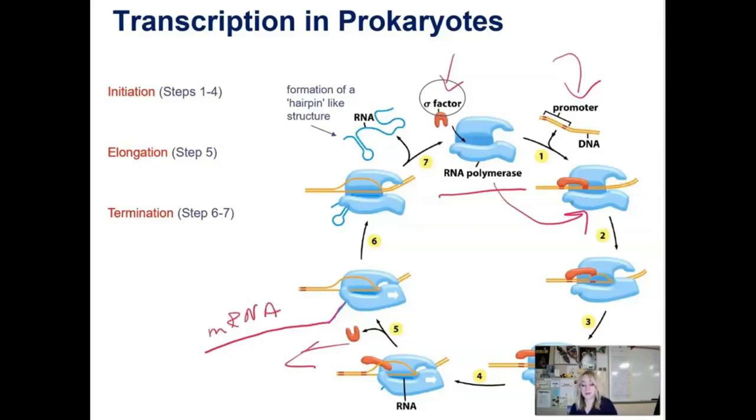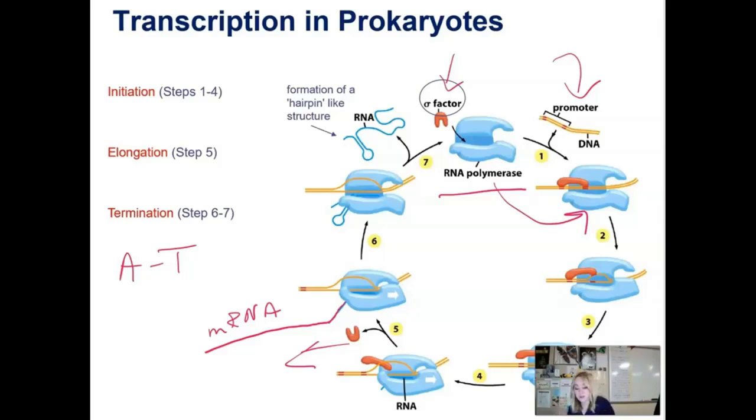And then the RNA polymerase is going to run into a termination sequence, and this termination sequence is going to be rich in A's and T's. So basically you're going to have a sequence that's A, followed by T, and then those A's and T's are going to be transcribed into A's and U's.